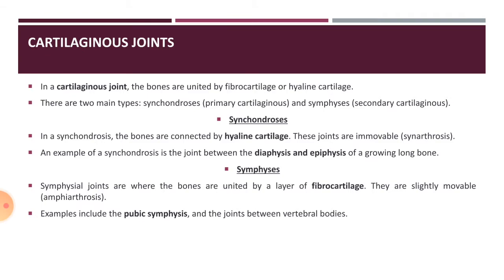And the next type is symphysis, where the bones are united by a layer of fibrocartilage. These are slightly movable joints, so we can call them amphiarthrosis as well, and the examples include the pubic symphysis and the joints between the vertebral bodies. Another important point about the symphysis is that these joints usually lie along the midline of your body.